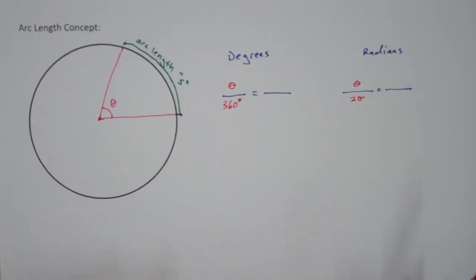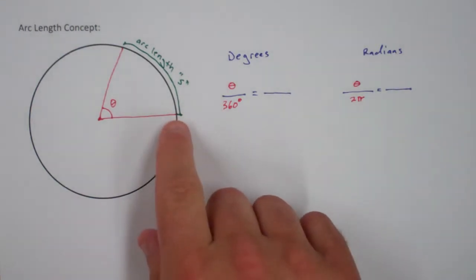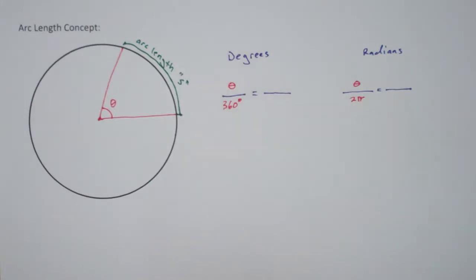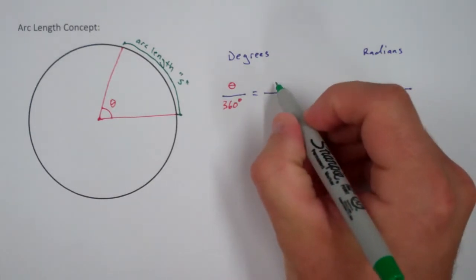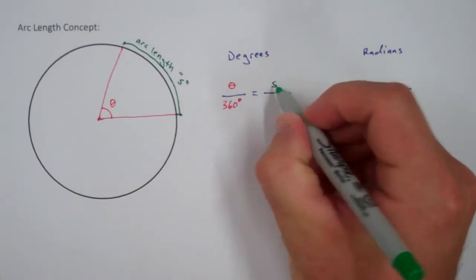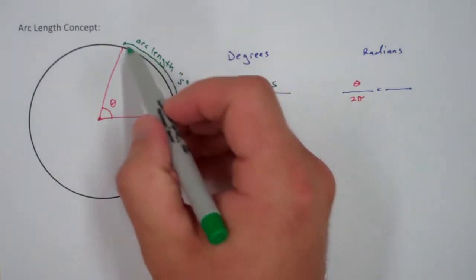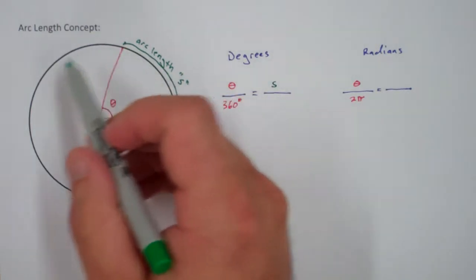Now we're going to set up the arc length on the right hand side. And the arc length is just the distance from a point on the circle to another point. And to do this, we're going to use the arc length as S. And then we want to compare this part to the whole.